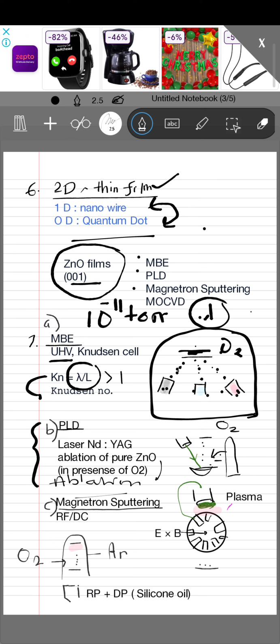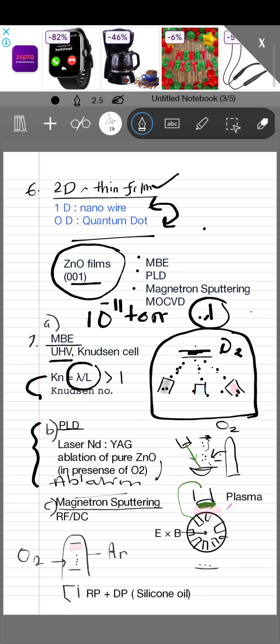The process is that after the ablation has taken place, the oxygen present in the chamber makes this ablated material go and stick onto the substrate, forming a high purity film.